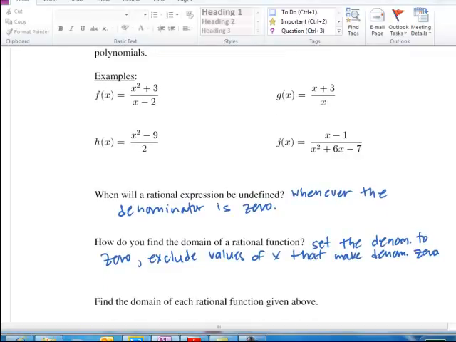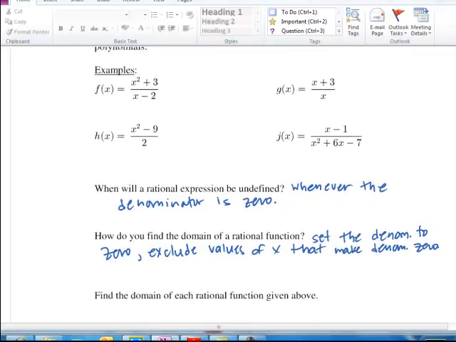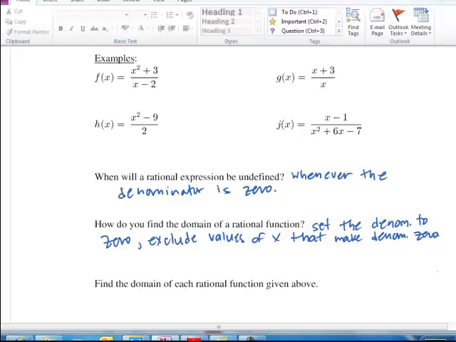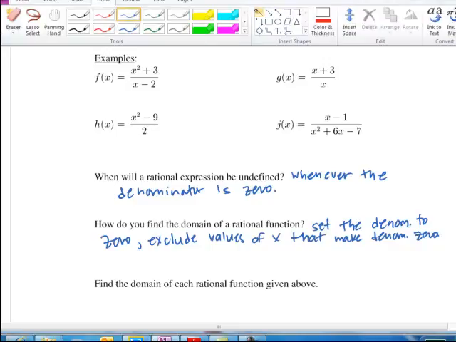So then we're asked to find the domain of each of the example rational functions that are given. For the first one, we would just look at the denominator, and we'd say the denominator is x minus 2. So the domain we could write as the set of all x such that x is not 2. Because if we have 2 as our x value, the denominator of this expression will be 0, so the function will be undefined.